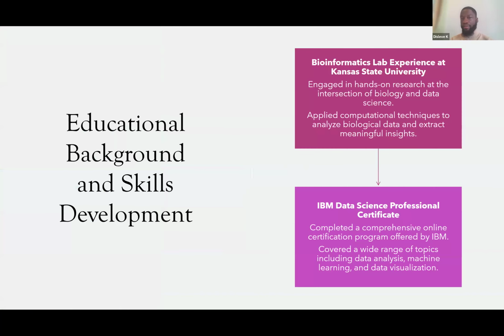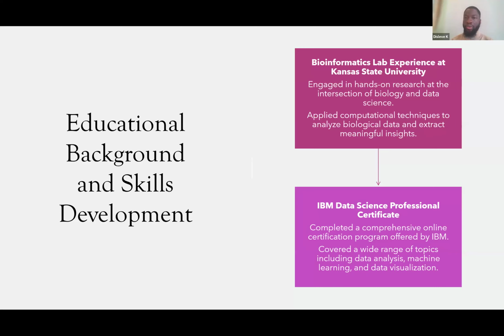So for educational background and skills development, I got my bachelor's degree in mechanical engineering, and I got introduced to the field of data science and healthcare data during my junior year, where I started working as a research assistant at a bioinformatics lab. This gave me hands-on experience of the connection between biology and data science.